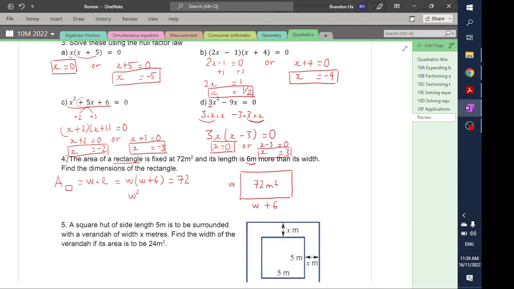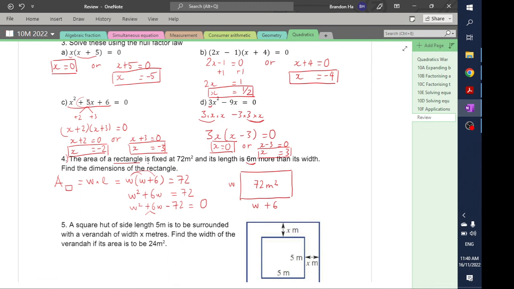So how do we solve this? Just expand the brackets for a start. Width times width is width squared, and then 6 width, equals 72, right? So width squared plus 6 width minus 72 equals 0. Tricky. Now we need to find which numbers added together become positive 6 and multiplied together become negative 72.